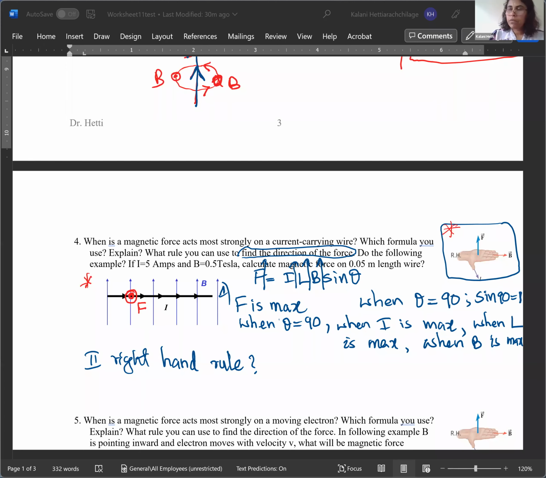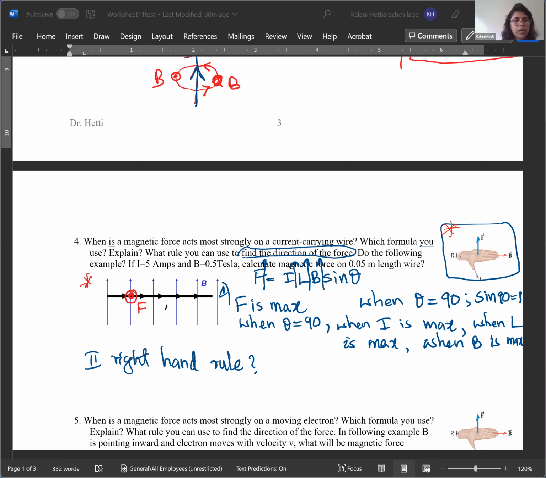When I do that, you will see that the palm of my hand is going to open towards me. That means it is outward from the screen. So you're going to do it yourself. Now let's go back to the question. Here you will see that my force direction is outward because of that reason.